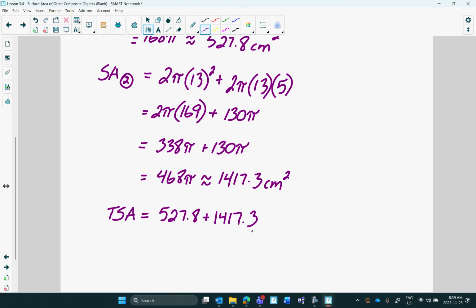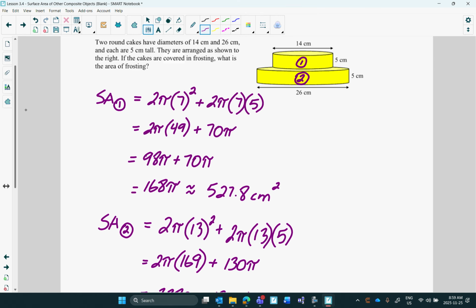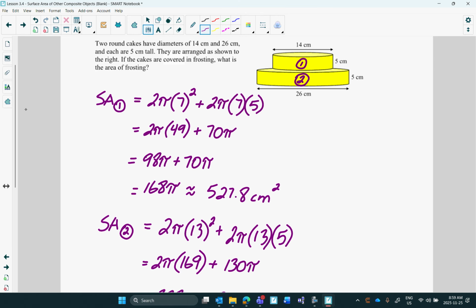When we put the two layers together, the area in between disappears. They won't get frosted. So right here, the bottom of this layer won't get frosted. The top of this layer also won't get frosted. So two circles disappear, right, when we put it back together.